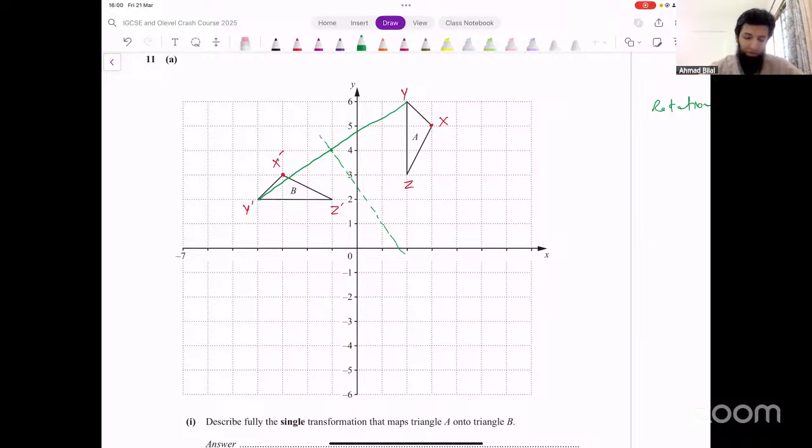Okay, you can draw it using a compass. Since I can't do that here, I'm just trying to think about the x and y components of the vectors. This is what the perpendicular bisector of y and y prime is going to look like. So I've drawn that first, and then you draw the perpendicular bisector of x and x prime.